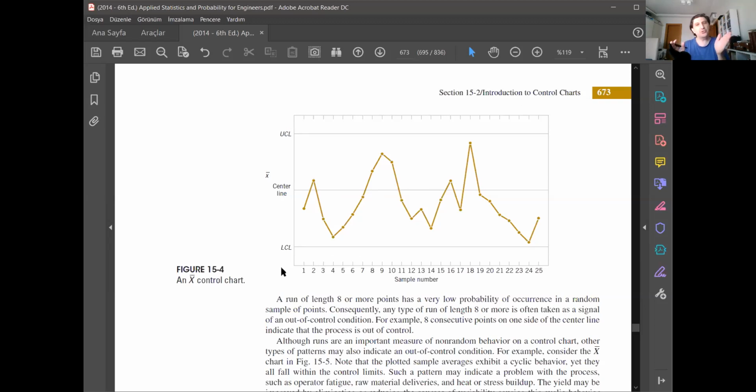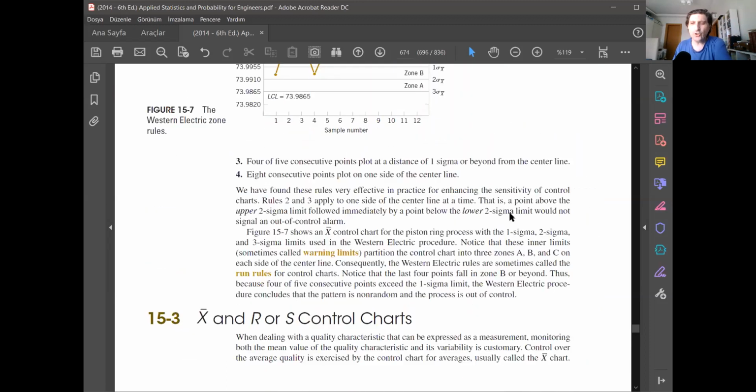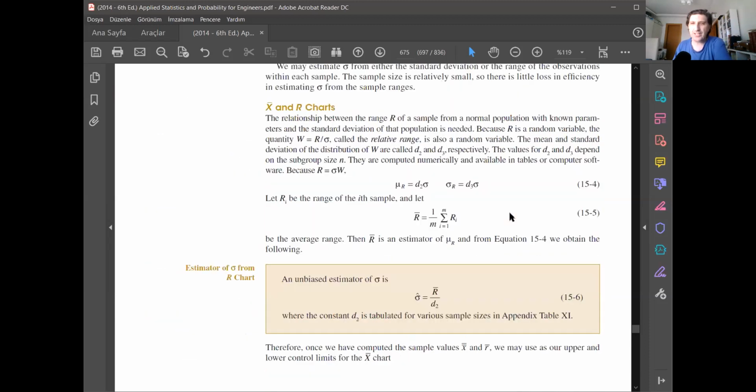It usually doesn't consist of a single observation, but probably something like 5 to 9 observations. From those 5 to 9 observations, you come up with a statistic. This may be X bar. You plot it with respect to time. This is the general idea. All right, now it's not only X bar that we are interested in.